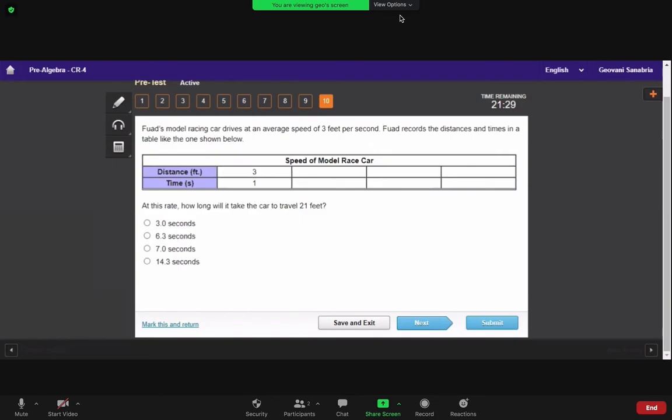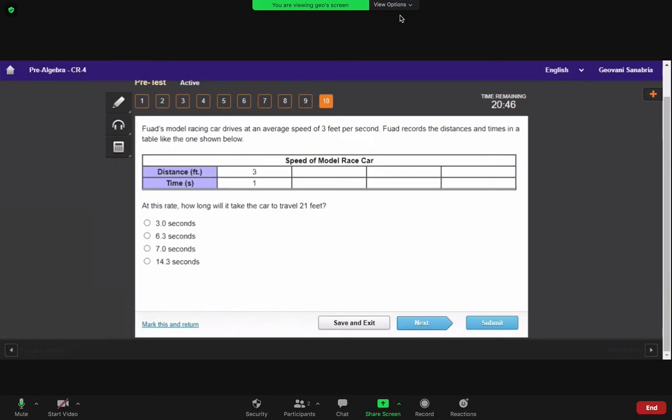Well, that to me, I would just say it's 7.0. Yep. Because if they were trying to get you to fill out the table, like to find a pattern, I don't even know why they show you a table, because there's not even enough. But in the time row, the next empty box, if you put a 2, what would be the top box for that? 6.3, right?